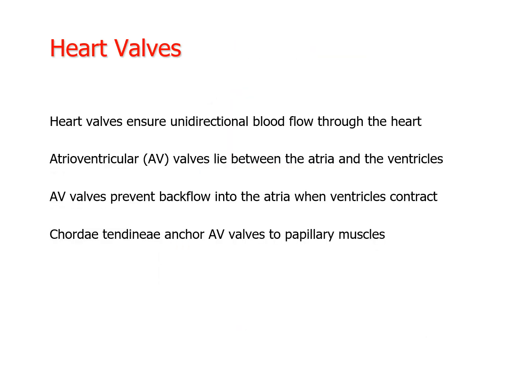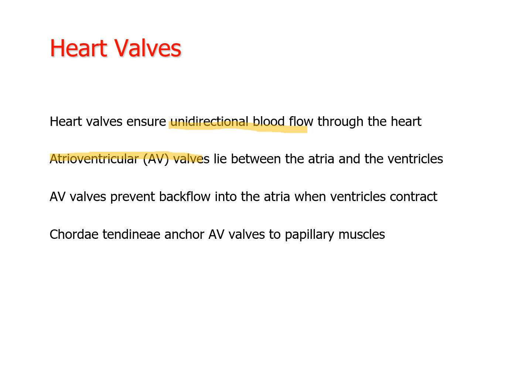Heart valves ensure unidirectional blood flow through the heart. They prevent blood from moving in the wrong direction. The tricuspid and the bicuspid are also called atrioventricular valves. They lie between the atria and the ventricles, the tricuspid on the right and the bicuspid on the left side.